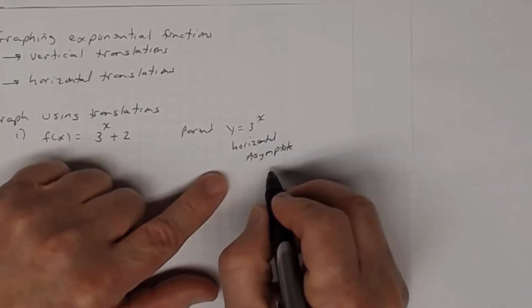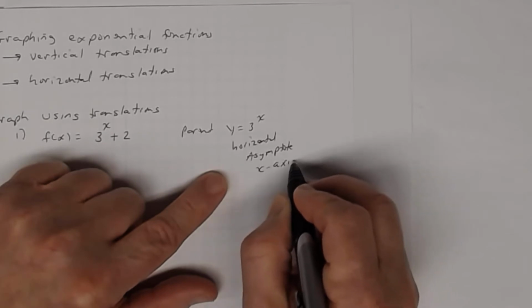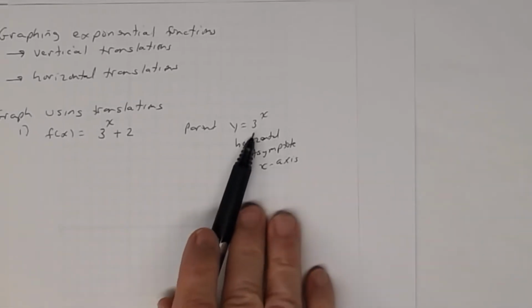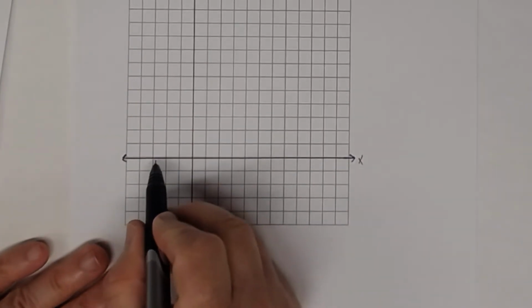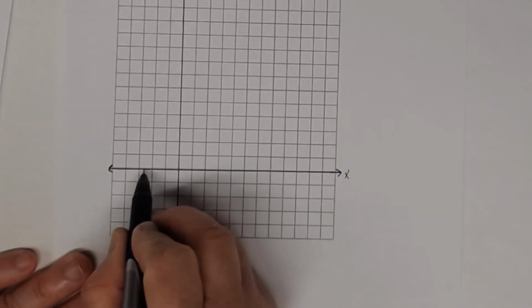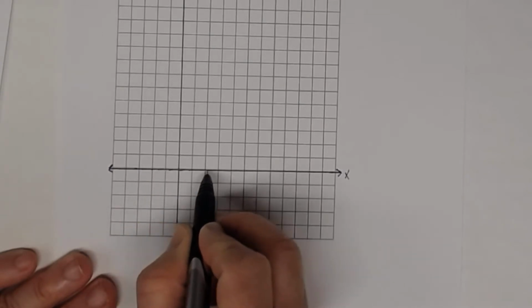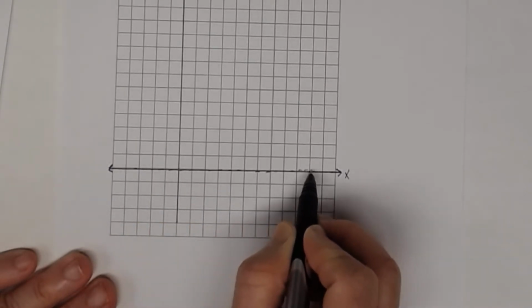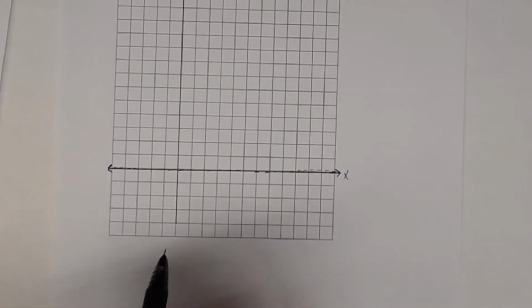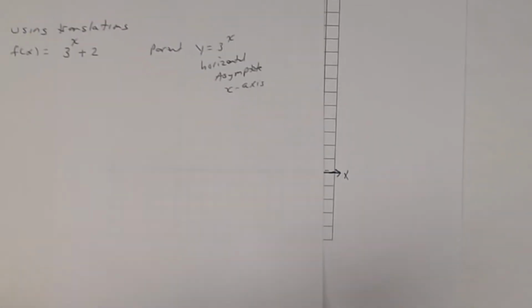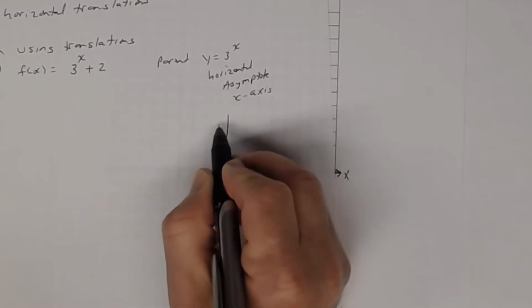So the horizontal asymptote is the x-axis. When drawing the horizontal asymptote, we're going to denote that by a dotted line. Now, obviously, you can't see this very well, but notice I'm drawing a dotted line here.